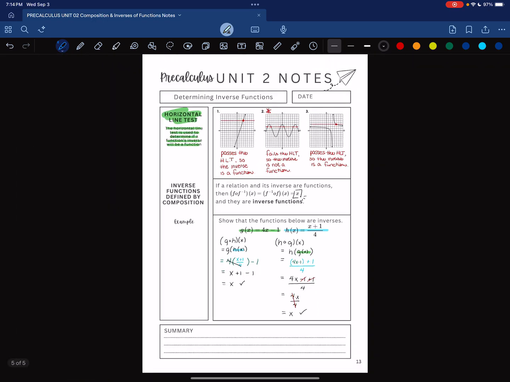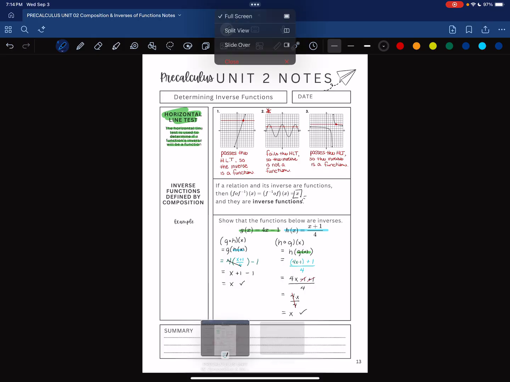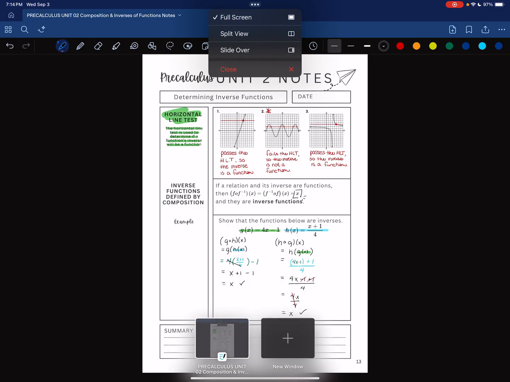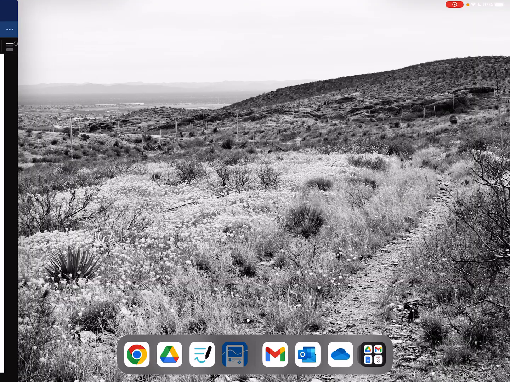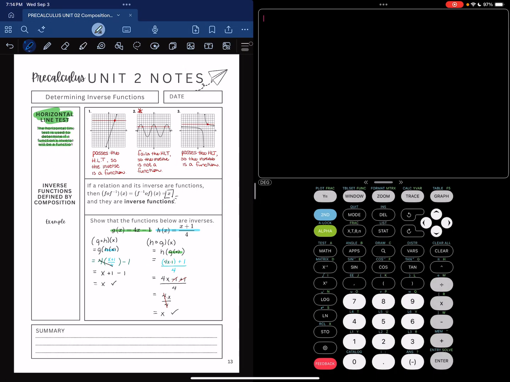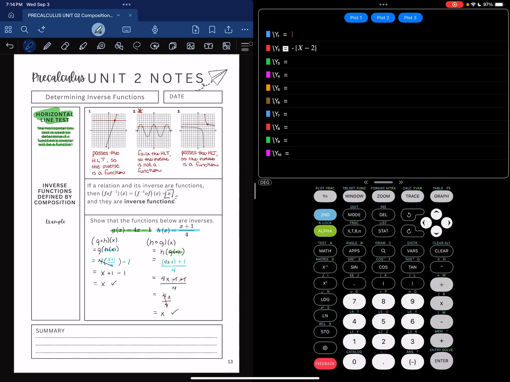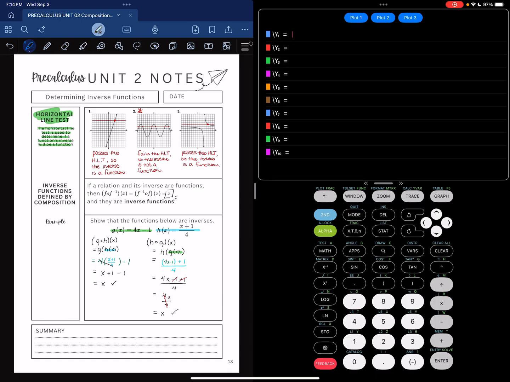That is just about it. There's one more thing that I want to show you here, and it is how to check graphically that two functions are inverses. So let me clear these out. And I want to show you when I graphed those two functions what that would look like.